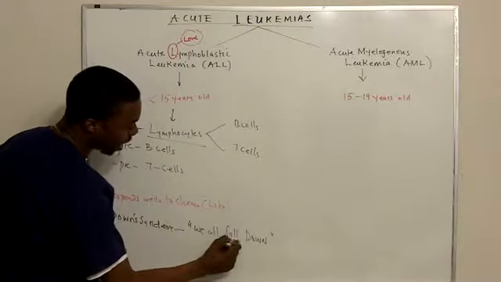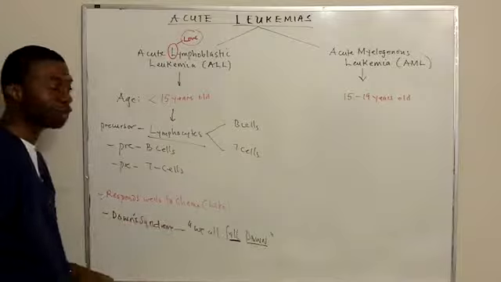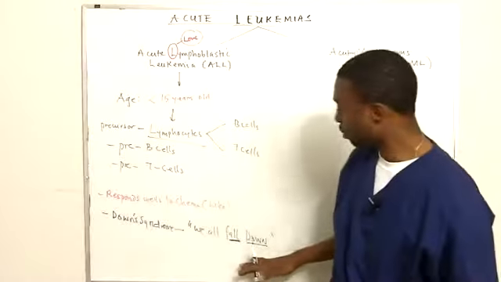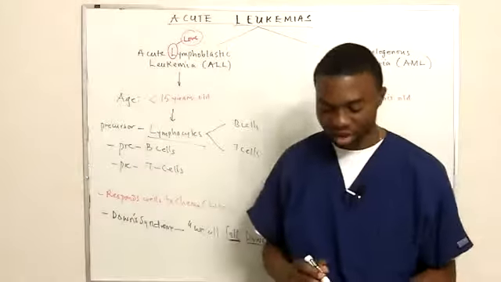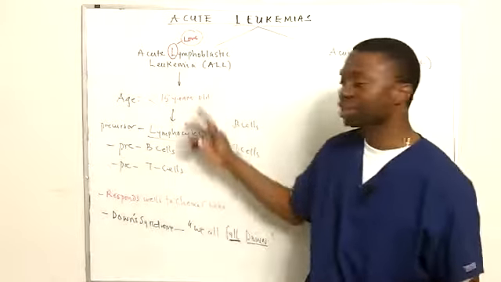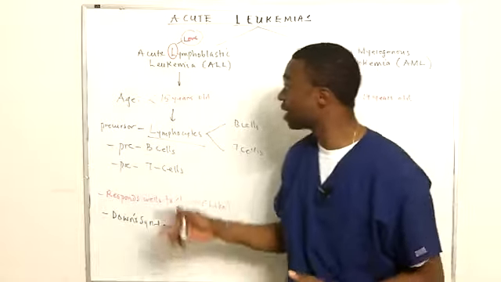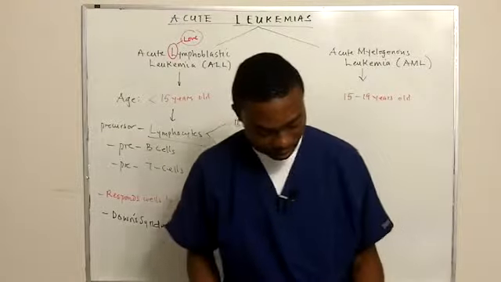See, fall has ALL: Down syndrome. We all fall down. That's a beautiful mnemonic to remember. Patients that have Down syndrome are always predisposed to developing acute lymphoblastic leukemia. Also, if you're exposed to radiation, because radiation causes free radicals which damage our DNA, it can affect this cell line and predispose them to develop ALL.